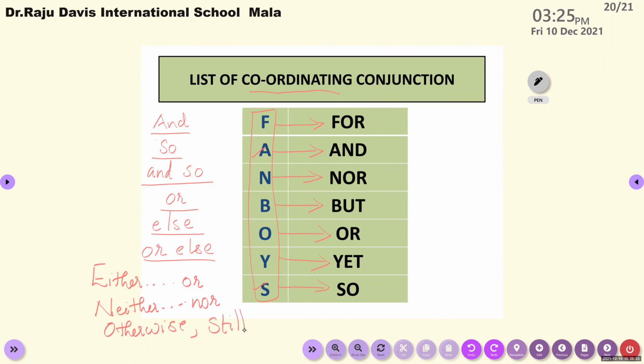They are used to connect two main clauses. So two independent clauses can be connected with each other using a coordinating conjunction. If you connect two main clauses with a coordinating conjunction, then you can call it a compound sentence. Clear? Have you copied this?